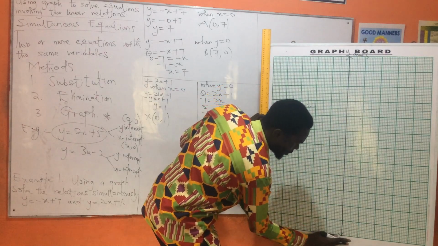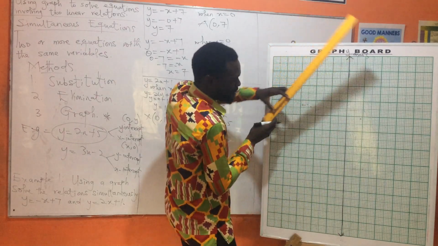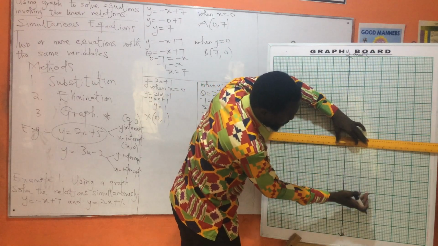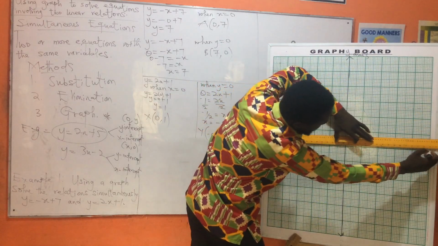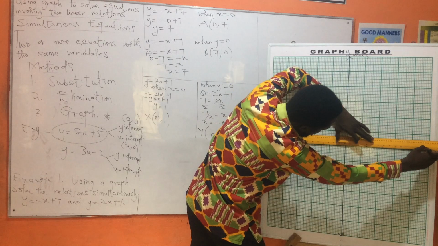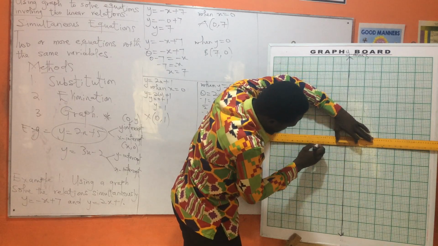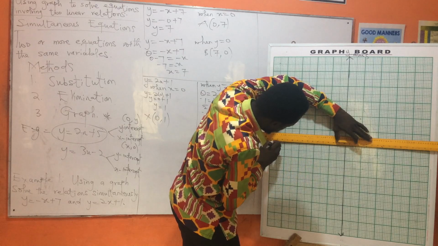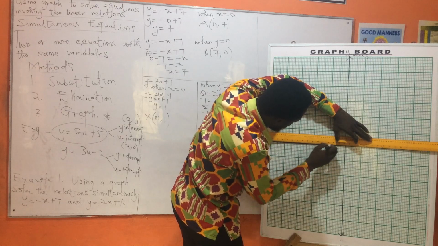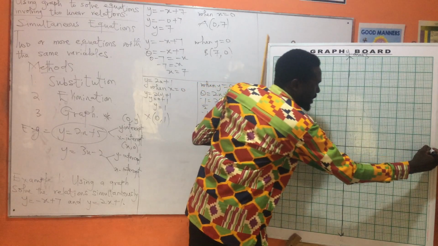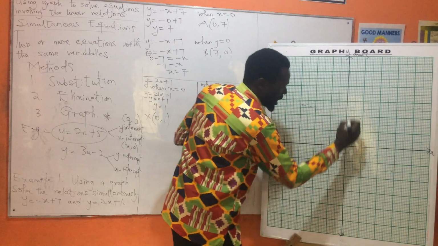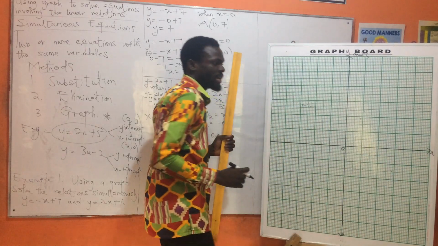We want the middle, 1, 2, 3, 4, 5, 6. Sorry, this is the x-axis rather. Good, so this is our x. Now the point of intersection we know is 0.